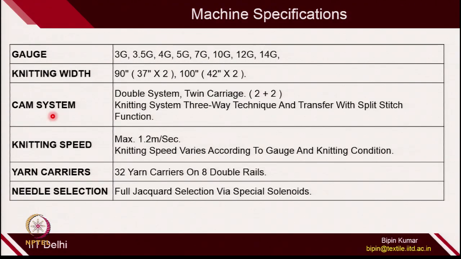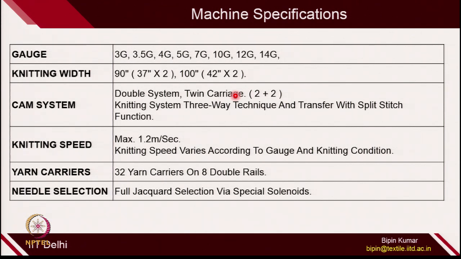The third one is the cam system, which I just introduced. Double system means it has 2 cams, so at a time 2 feeders can be taken by each of these cam systems. And twin carriage I have already shown you. If the bed size is much bigger, you can have one carriage operating on one side of the machine and the other carriage operating on the other side.